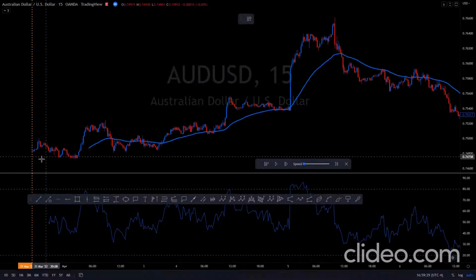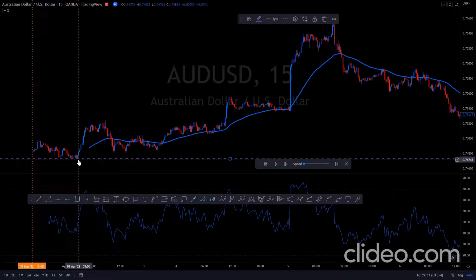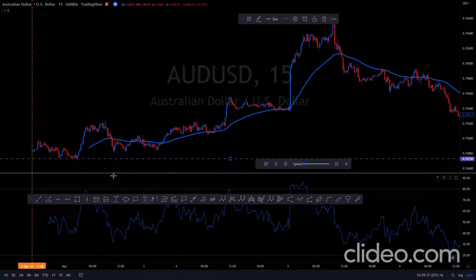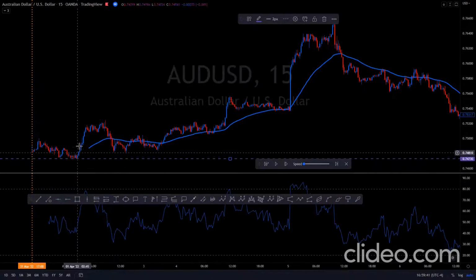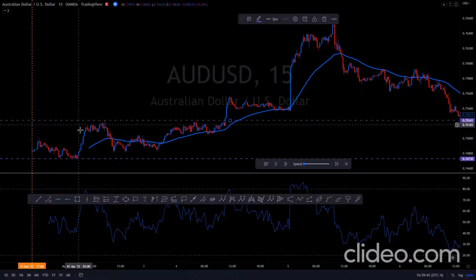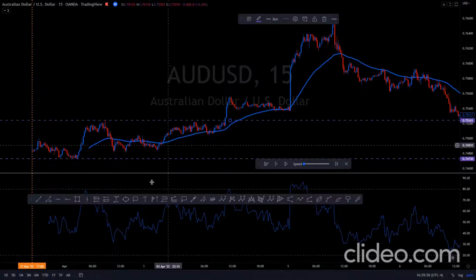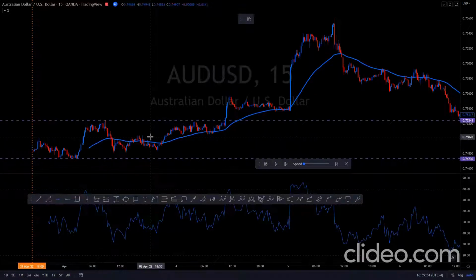So we could see that this is a base demand zone here. And I want to make my horizontal lines all purple, so that way we don't take too much time. So this was a demand zone here, went all the way up, and then this was a base supply zone up here. And then you can see that price respected another demand zone pretty much right in this area here.